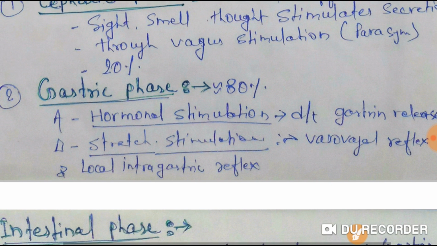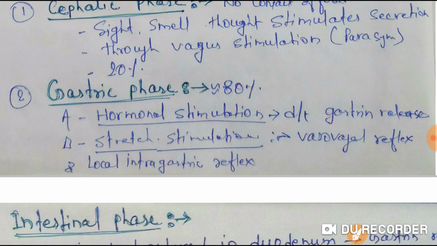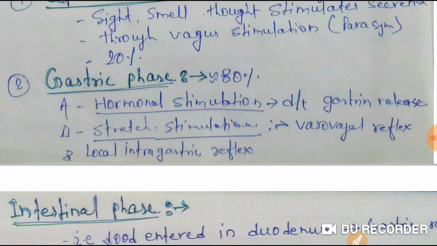Then after that is the gastric phase, which includes hormonal stimulation due to gastrin release, and stretch stimulation. That means the food content which is taken goes to the stomach, and distension of the stomach stimulates the stretch receptors.